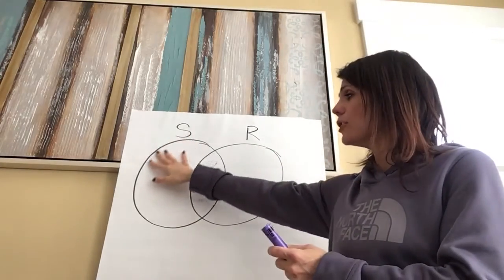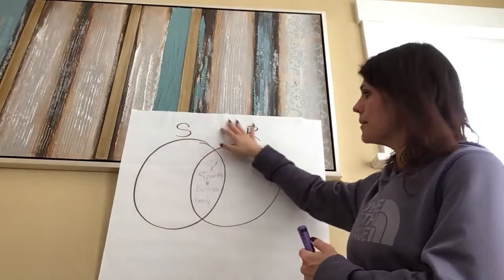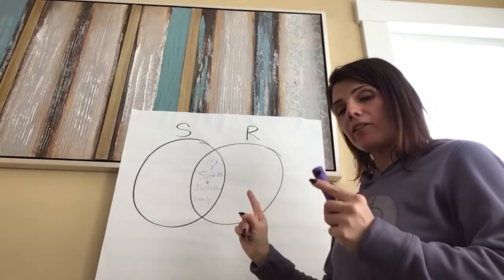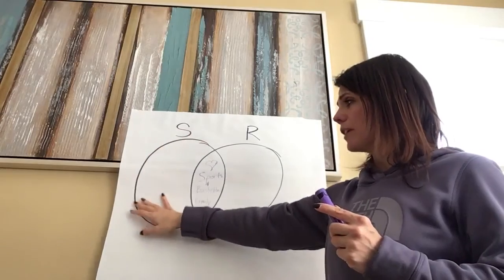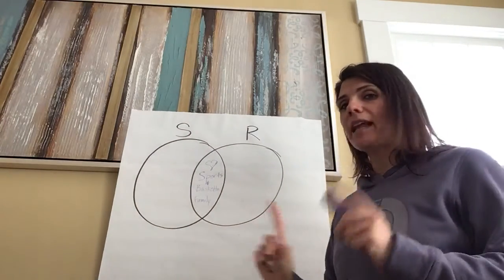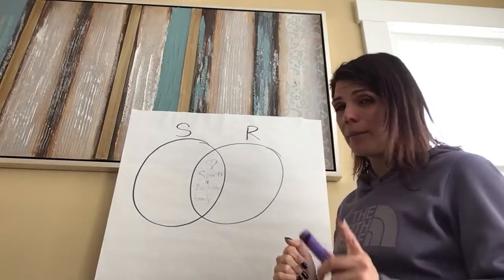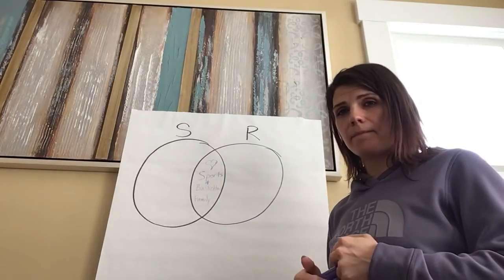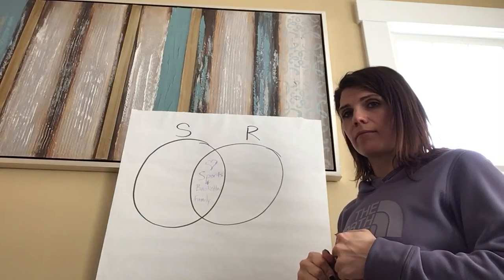So anything you put over here cannot be something she has in common with Richie. You have to remember that. So that Venn diagram, anything that you put over here or here cannot be commonalities, something that they have in common. It has to go here in the center if it's a commonality, okay? So you have to remember that, okay?